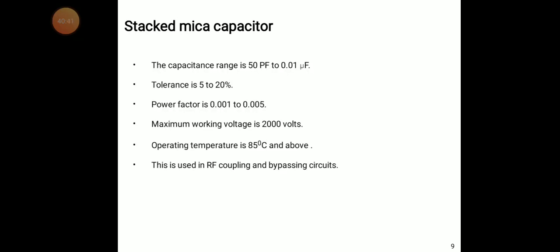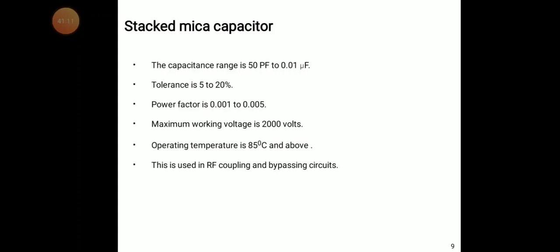Maximum working voltage is 2000 volts. Mica means higher voltages we can use, very high voltage. But the operating temperature is 85 degrees centigrade and above.